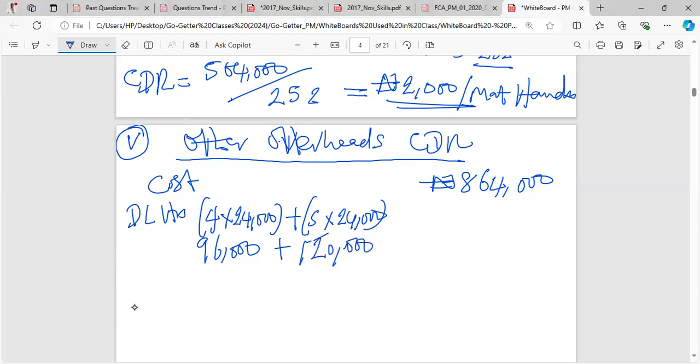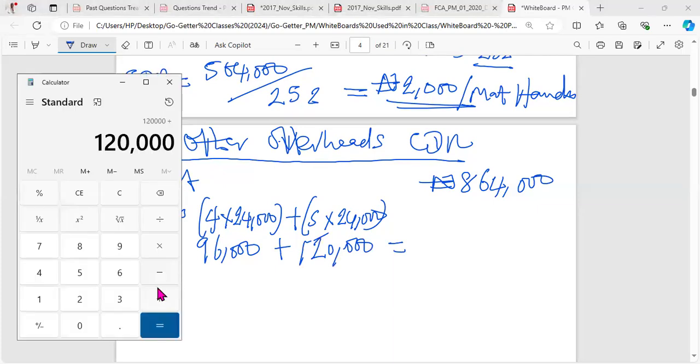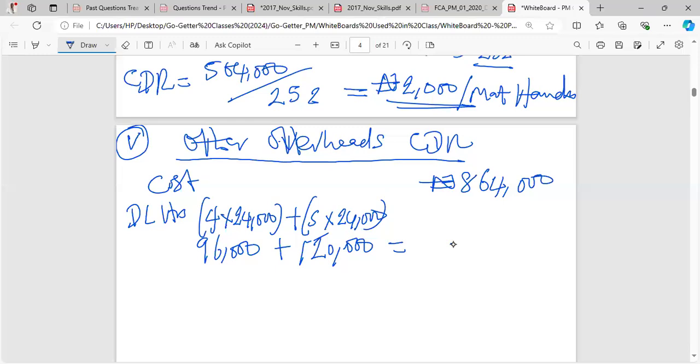So we are adding these two together. 120,000 plus 96,000 will give us 216,000.